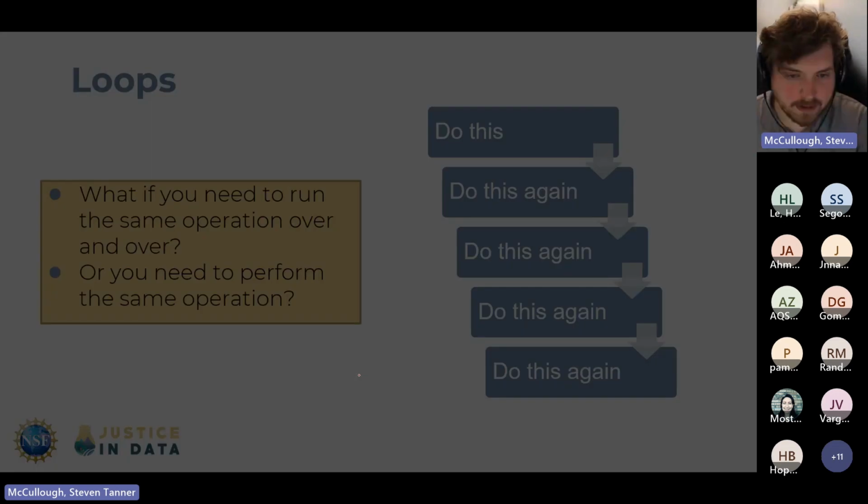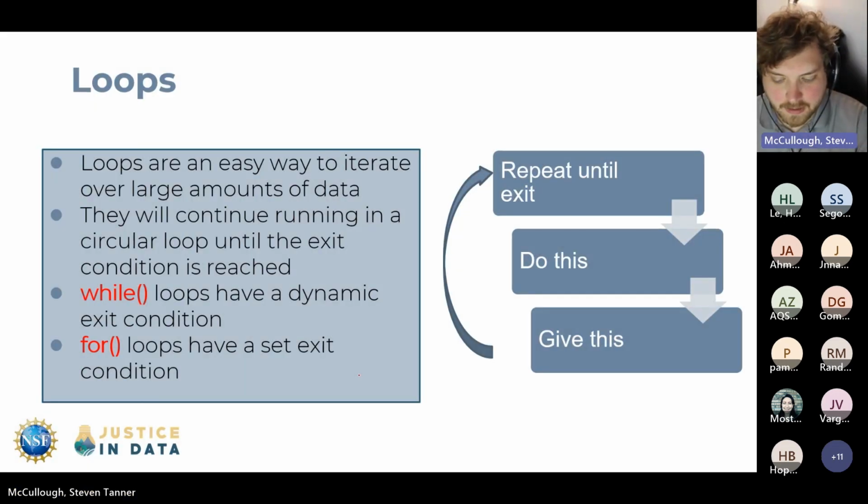And what I mean by this is, so say, for instance, you wanted to do something 10 times, right? You can use a loop that says, I want you to run this code that's indented below me 10 times. Or you can say, I want you to run this until the output is greater than 10. There's two different ways to do that, and that's essentially what the difference is between a while and for loop.